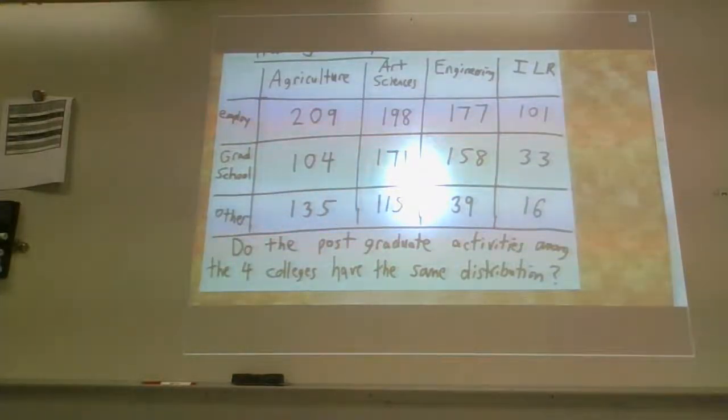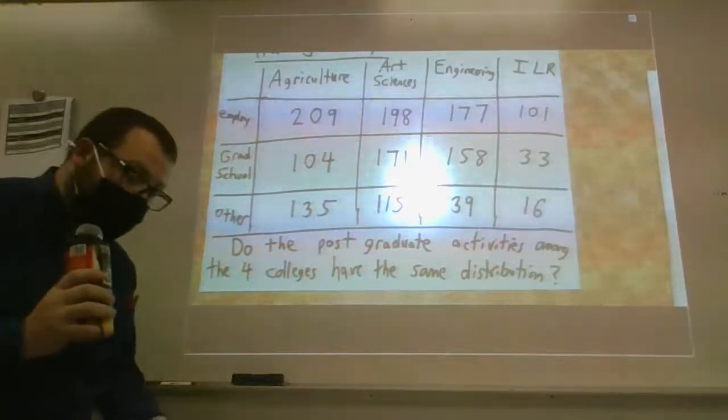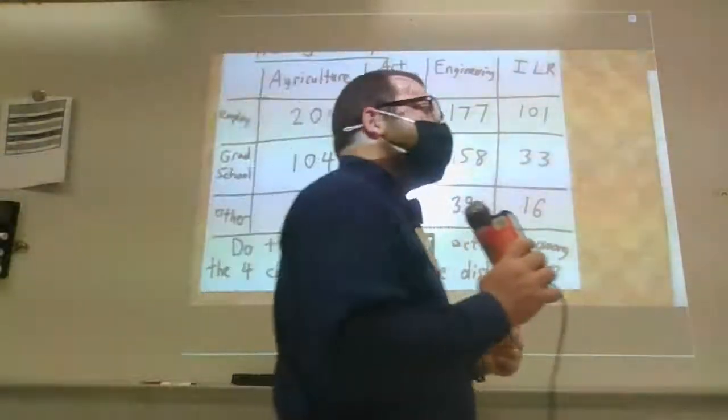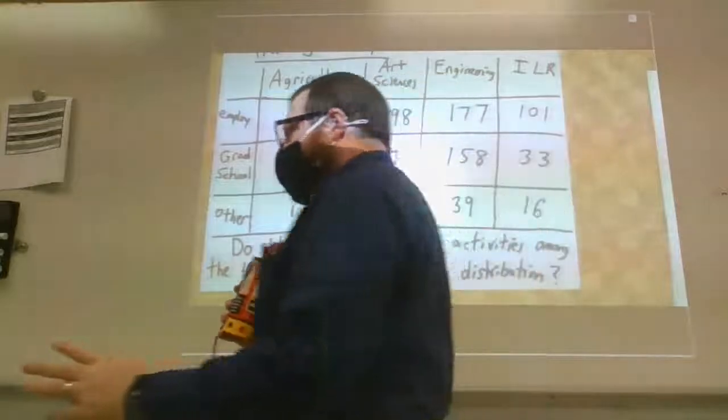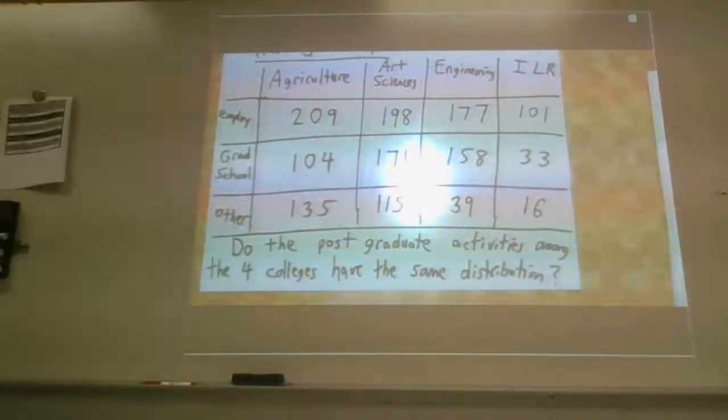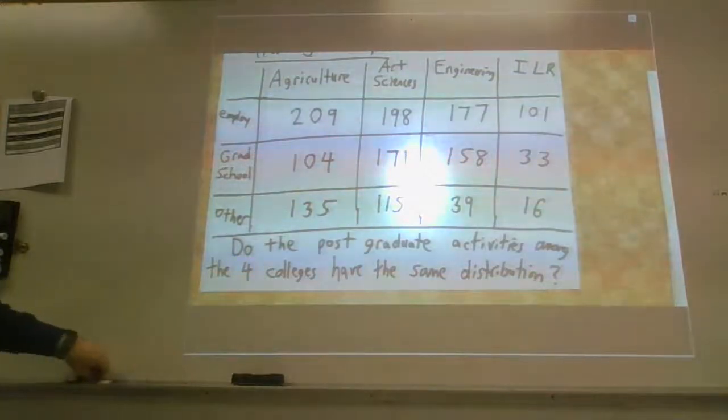So do the postgraduate activities have the same distribution, or is there a possibility we could reject that null hypothesis that they are all the same? Maybe it does depend on what you study in college that determines what you do after you graduate. I don't know. Craziness.